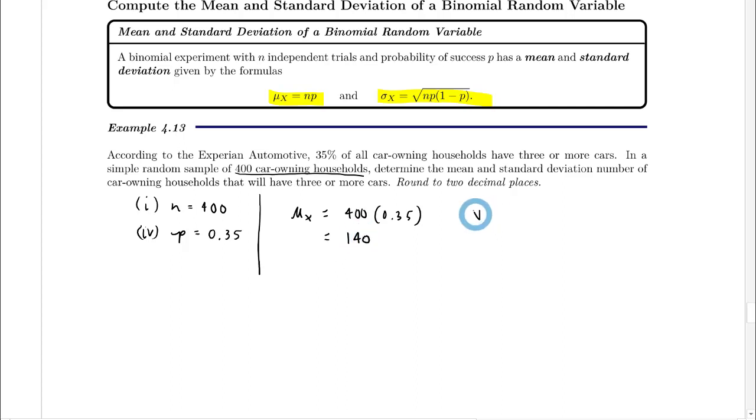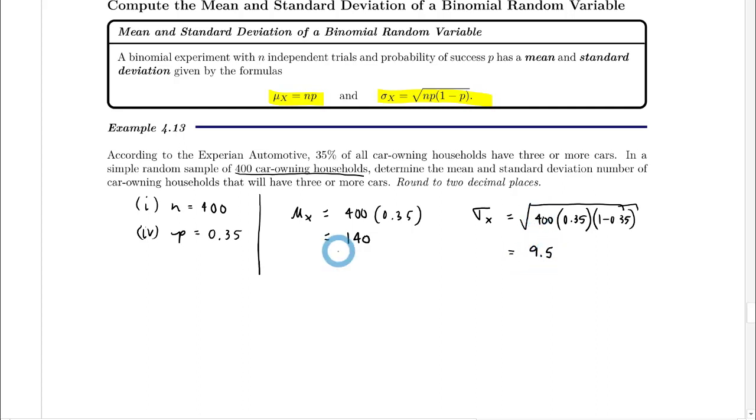And if I wanted to find the standard deviation, that would just be the square root of 400 times 0.35 times 1 minus 0.35. So you would just follow the formulas right up here. If I put that in my calculator, I get something like 9.5.